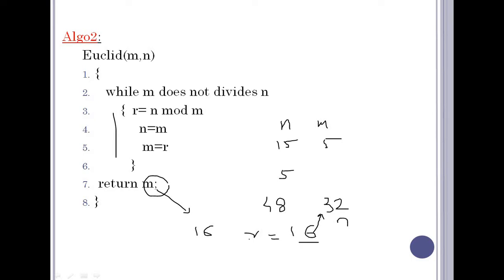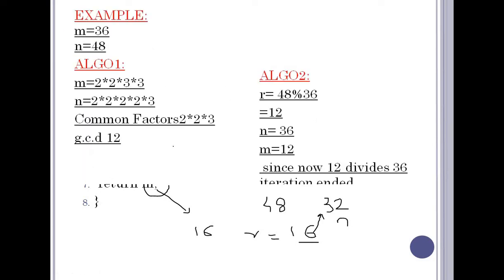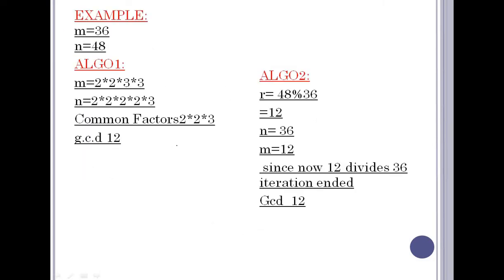So in this way we can use the Euclid method, and you can see that for these values of m and n, it entered the while loop only once. Now let's see these algorithms with a different example: m is equal to 36 and n is equal to 48. In the first algorithm, m is factorized using a prime factorization method.